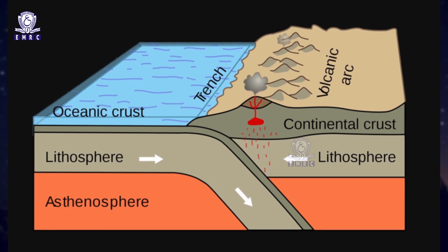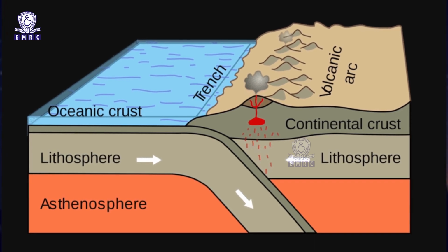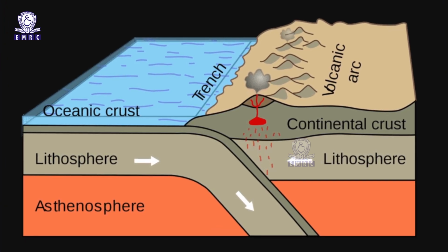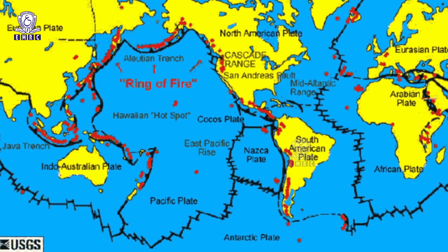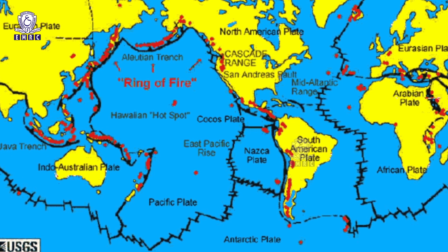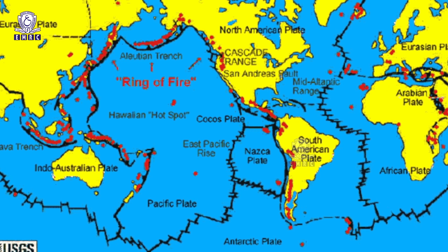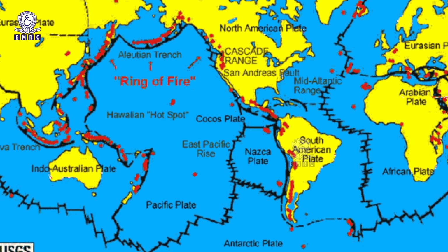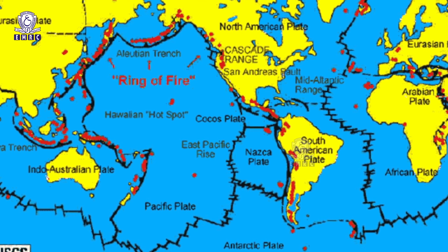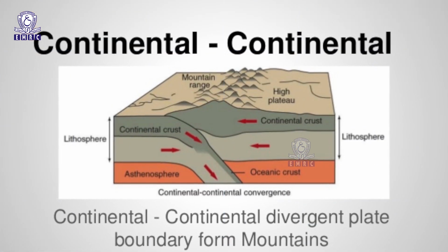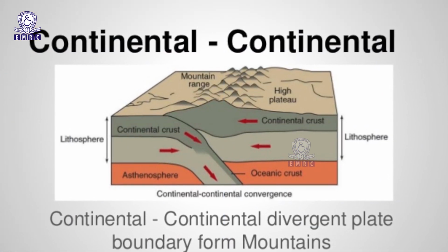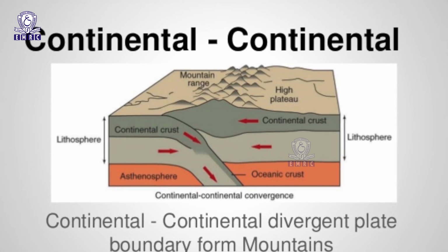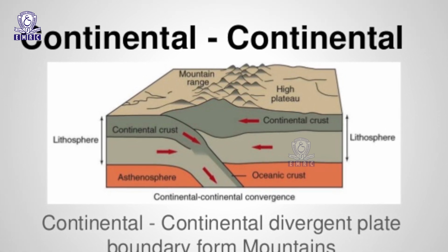The plate having the denser material is subducted under the less dense plate. The resultant lateral compression squeezes and folds the sediments on either side of the continental plate margins. Continent-continent plate collision occurs when two plates carrying continental crust collide.